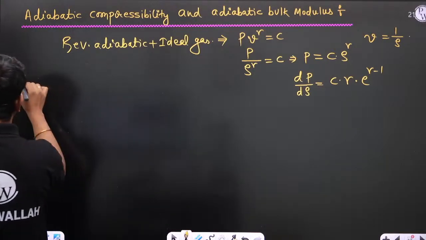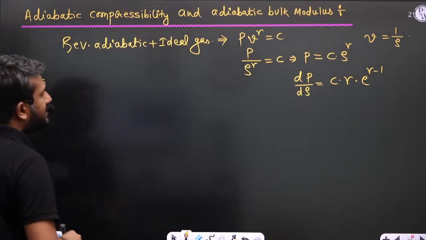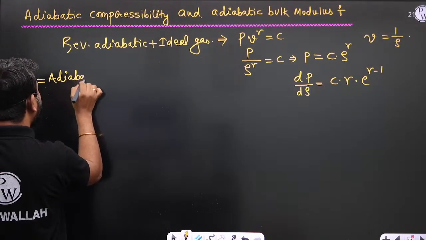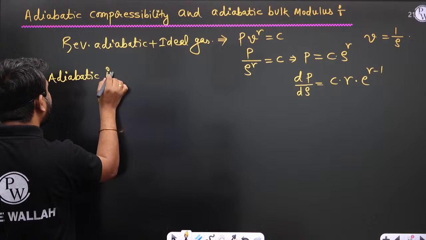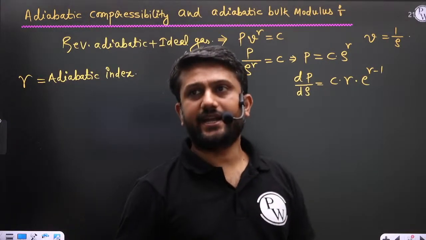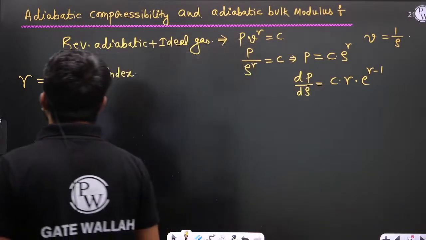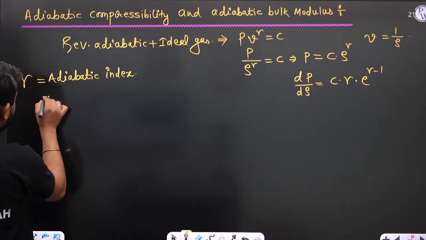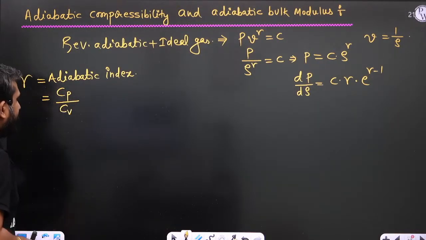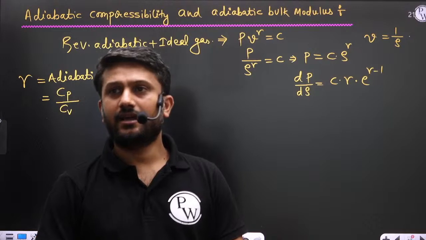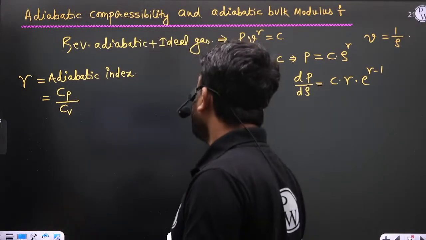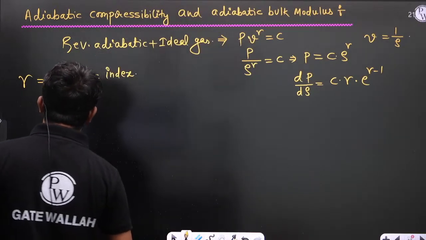What is the gamma? Can anyone tell me? The gamma is the adiabatic index, which is the ratio of specific heat at constant pressure to specific heat at constant volume.